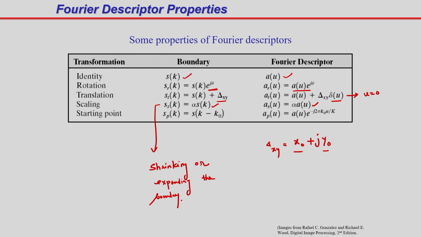And if I consider changing the starting point in tracing the boundary, what will happen?